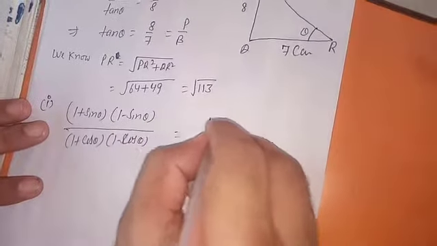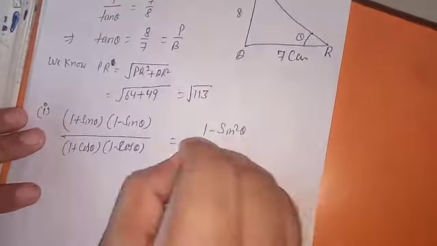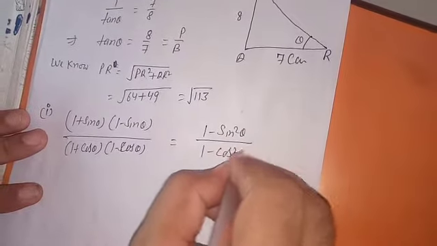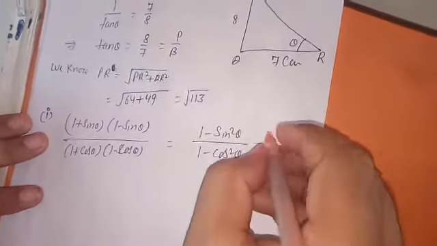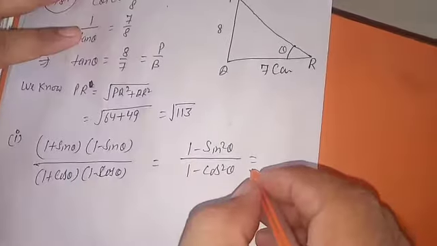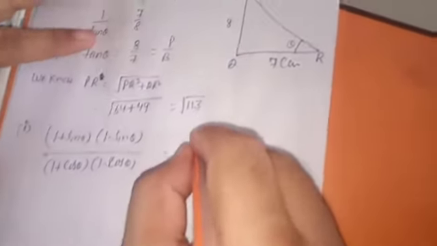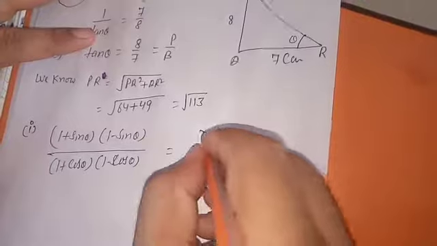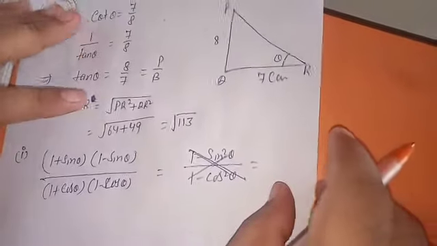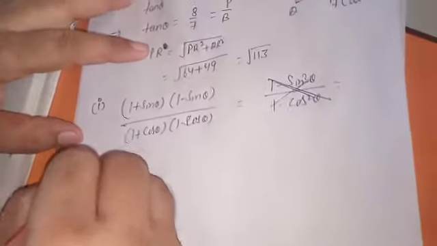Another way is that this becomes 1 minus sin square theta, and this becomes 1 minus cos square theta. You can solve by this also, but you don't know this property up to now, so later on I can tell. So you can put values and find the value of sin theta.